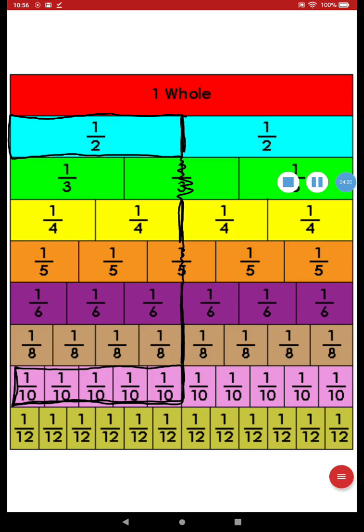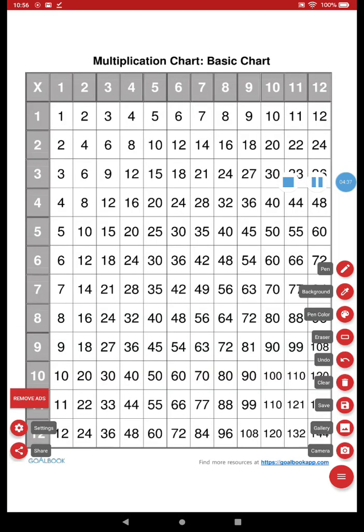Now let's do that one more way using my multiplication chart. All right, so up at the top, I'm going to write my fraction, 5/10. I'm going to go to my numerator, which is 5, and find the numerator 5 column. There it is. I'm going to take my finger down and circle when I see my numerator and my denominator.